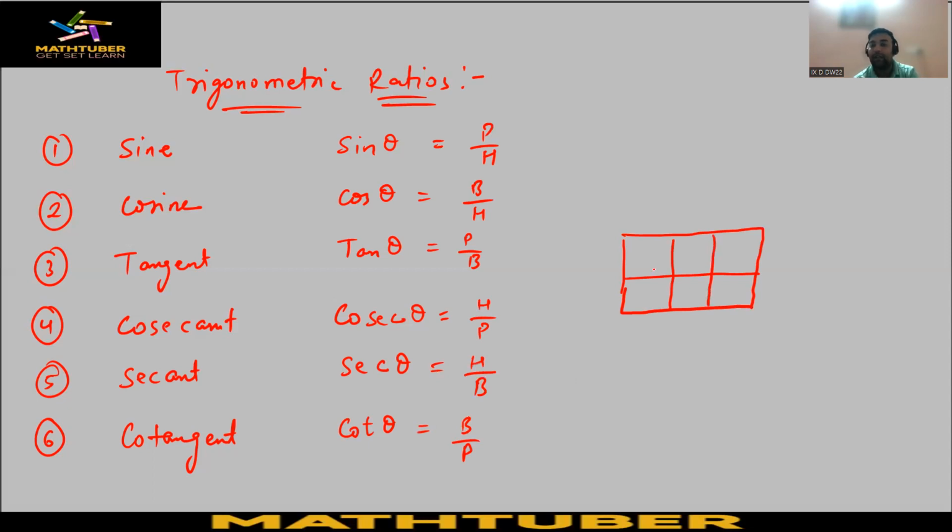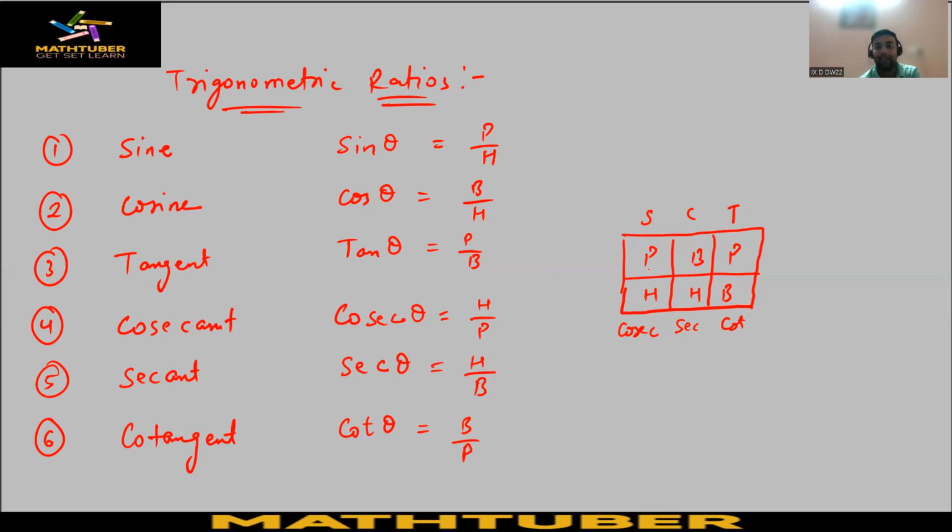So the easy way to learn this is by forming a table. You can learn a line like Pandit Badri Prasad, Har Har Bhole, and Sona Chandi Tole. So Sona Chandi Tole is SCT, which represents sine, cos, and tan. We know that the formula of sine is P upon H, cos is B upon H, and tan is P upon B, right? And the other three are the reciprocals. So here you can write cosec, sec, and cot.